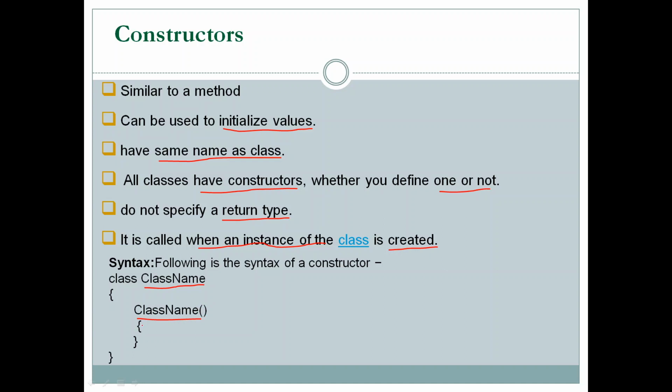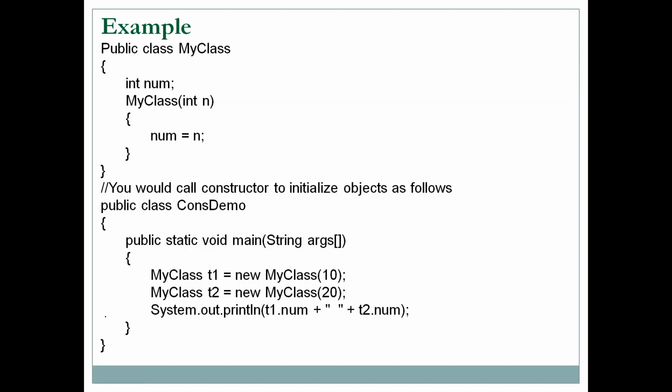A constructor also has a body like a method, with flower bracket open and flower bracket close, so any number of statements can be included inside the body of the constructor. So this is how a constructor needs to be declared. Remember, the name of a constructor should match the class name, and there is no return type for the constructor. No return type.